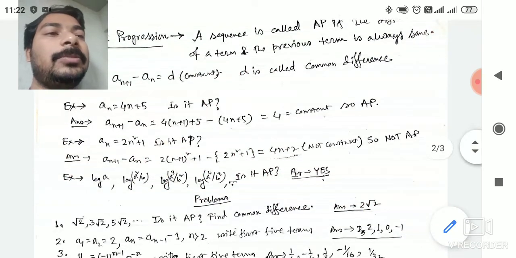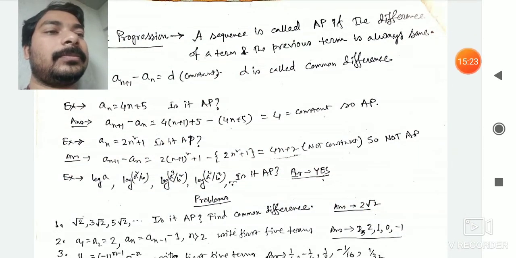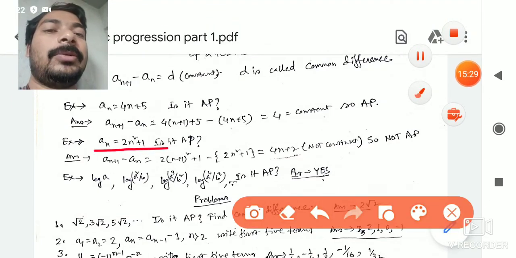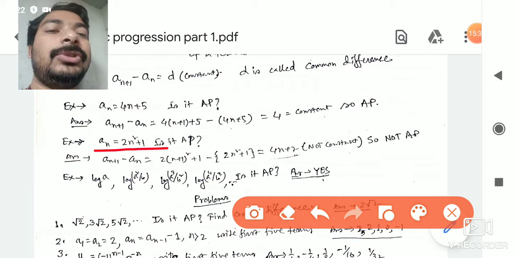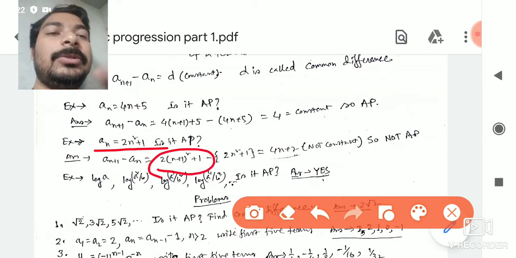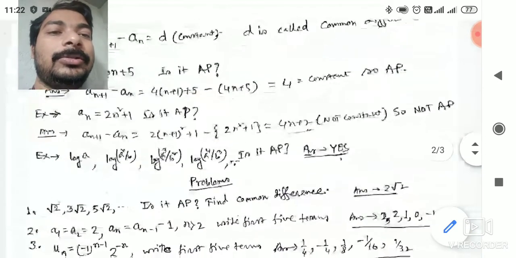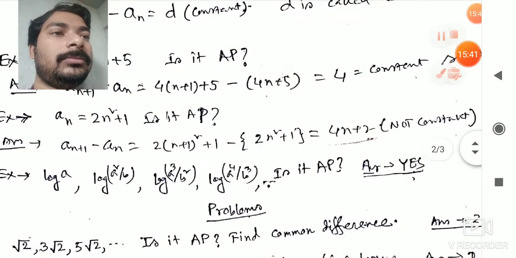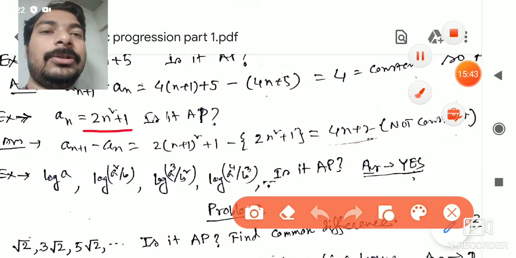Now come to the second question. In the second question, an is equal to 2n square plus 1. Now a(n+1) is what? 2 into n plus 1 whole square plus 1. In place of n, we will put n plus 1. Look, an is 2n square plus 1.